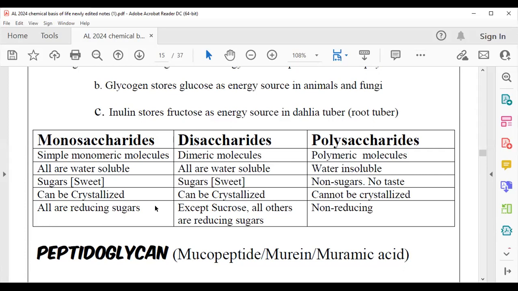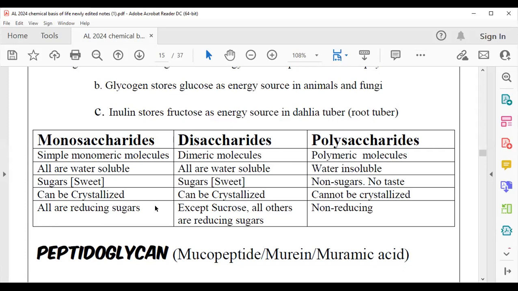These kinds of points will be useful for you in the MCQ papers. In the A level, the most challenging and the most beneficial area is which one?